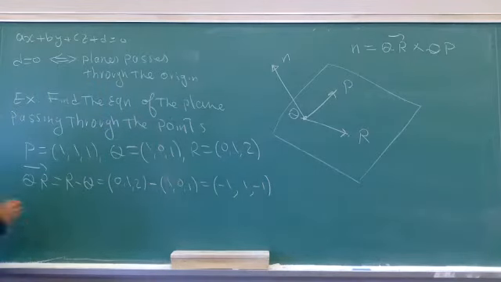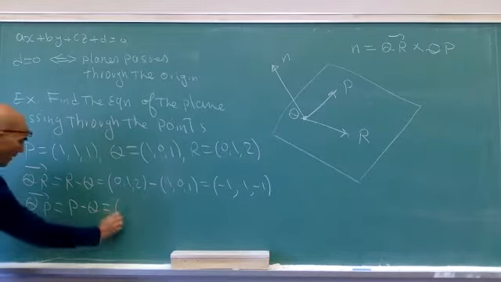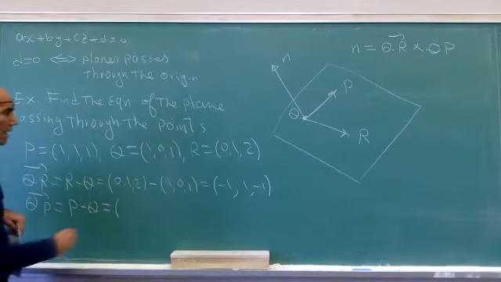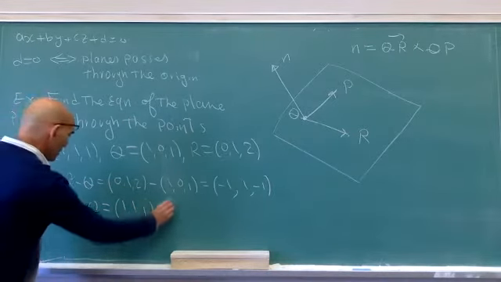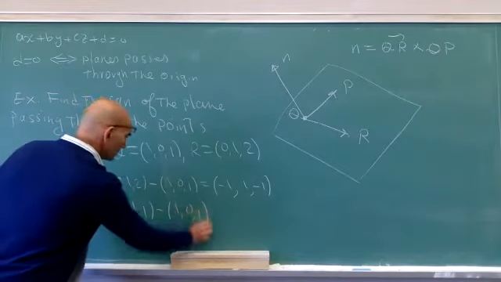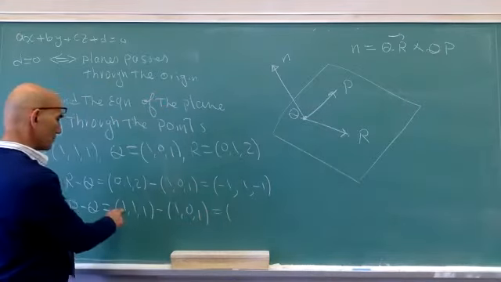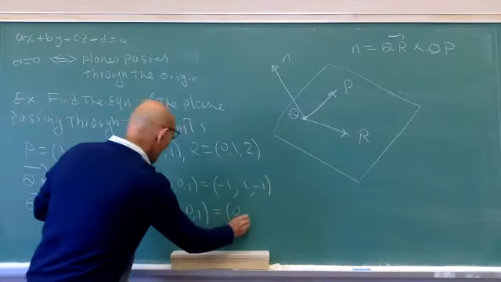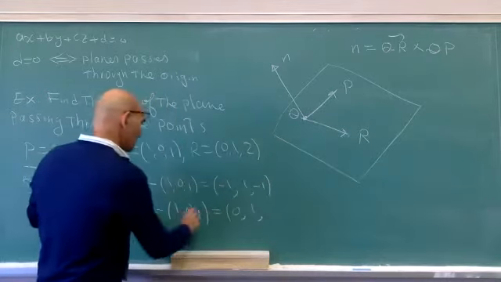What about QP? QP is equal to P minus Q. P is 1, 1, 1 minus Q, 1, 0, 1. So this is 0, this one is 1, and this one is 0.